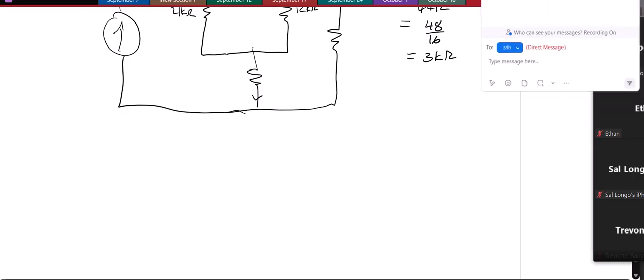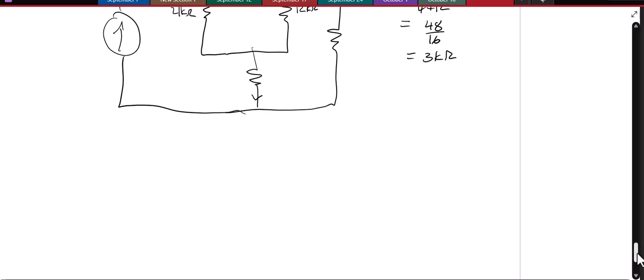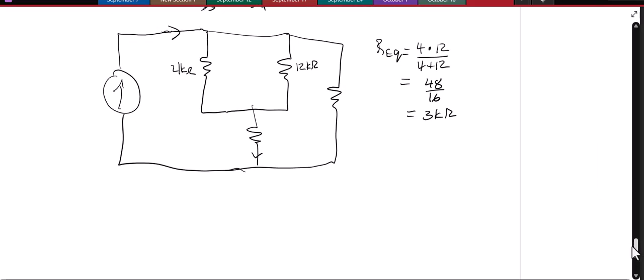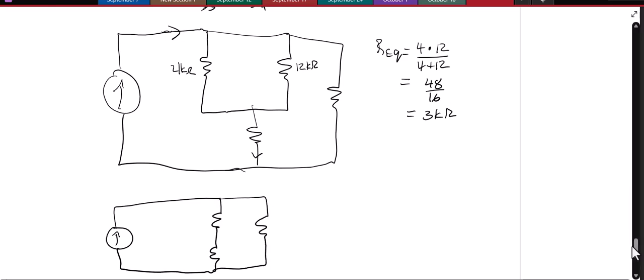So that seems good. So this is the same as this. So this is 3 kilo ohms. And then in our original circuit, this was 3 kilo ohms. And this was 6 kilo ohms.